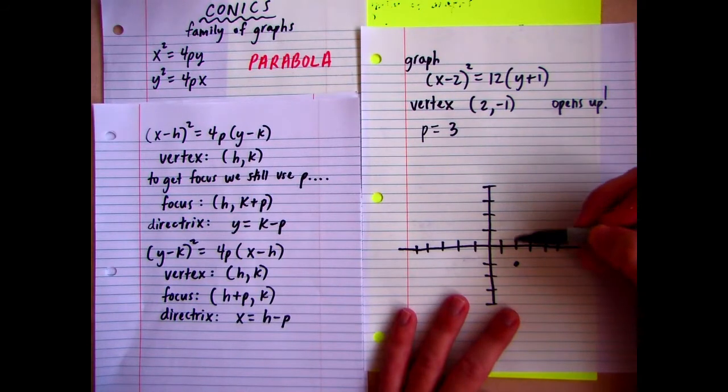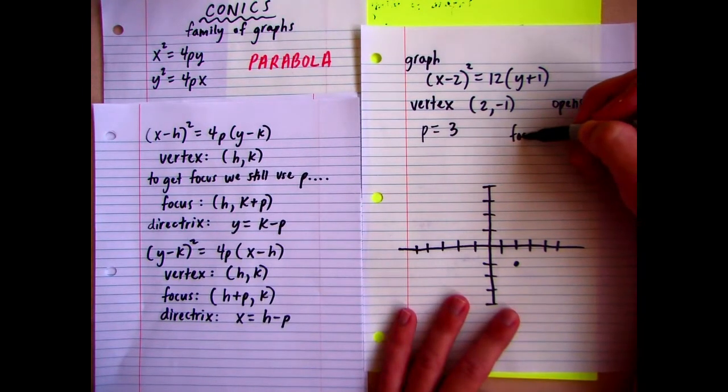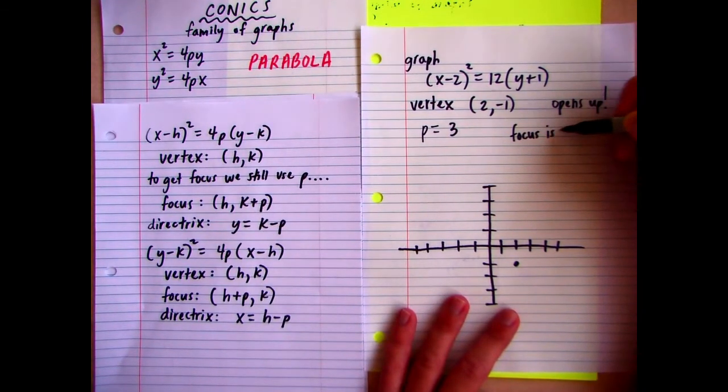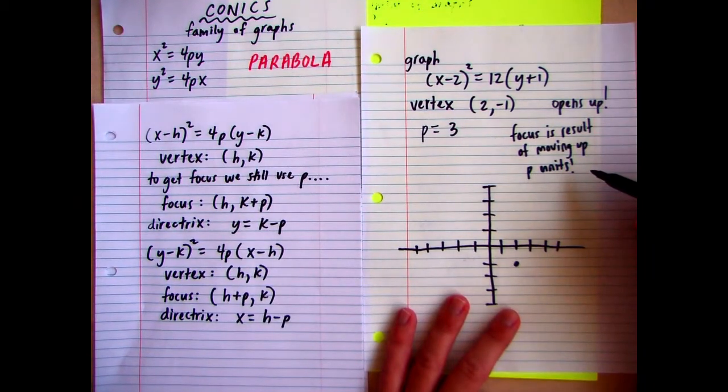And again, what I was getting at earlier, if my parabola opens up, the focus is going to be sitting above the vertex, right? The focus will be above the vertex. So the movement, if we're above the vertex, is going to be in the y coordinate.